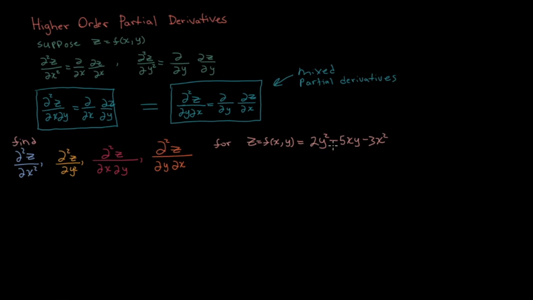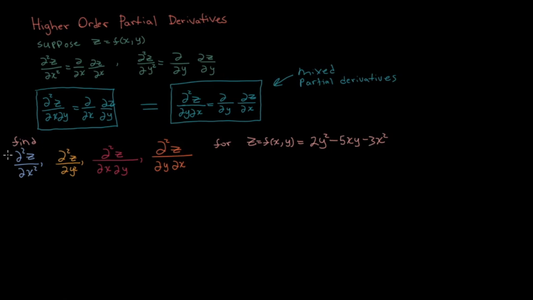And we're going to do it for the function z equals f of x, y, which equals 2y squared minus 5xy minus 3x squared. So let's go ahead and do that right now.